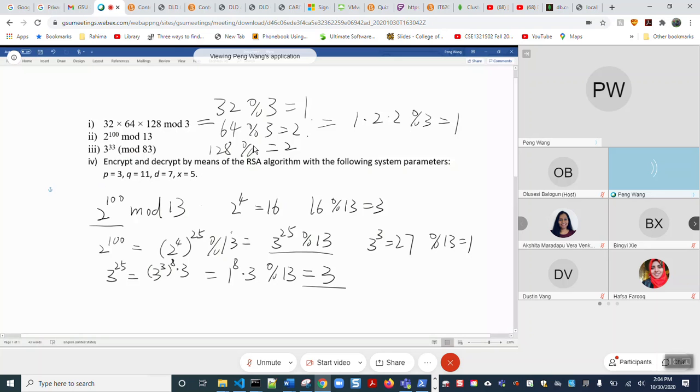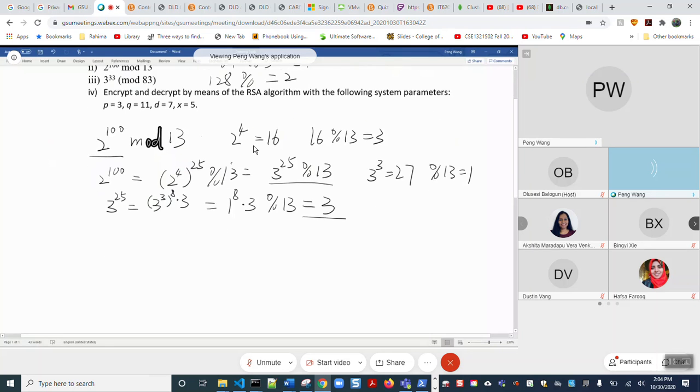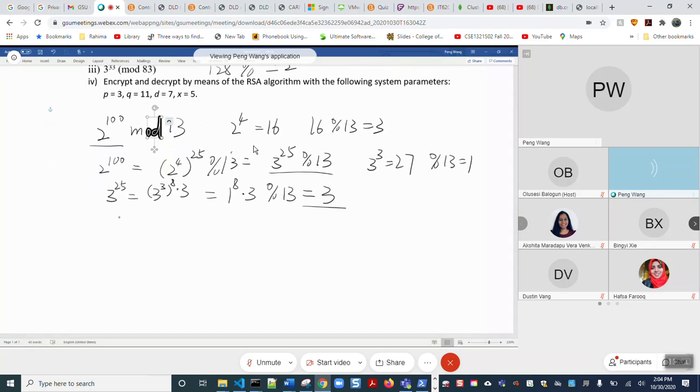And then let's move to the next one. Next one is 3 power 33 mod 83. Here we need to know that 3 power 4 equals 81, which equals minus 2 mod 83.